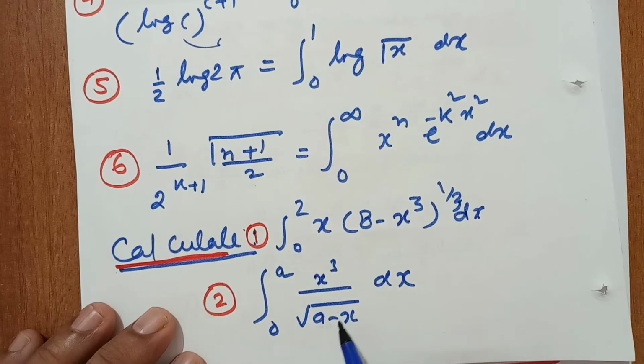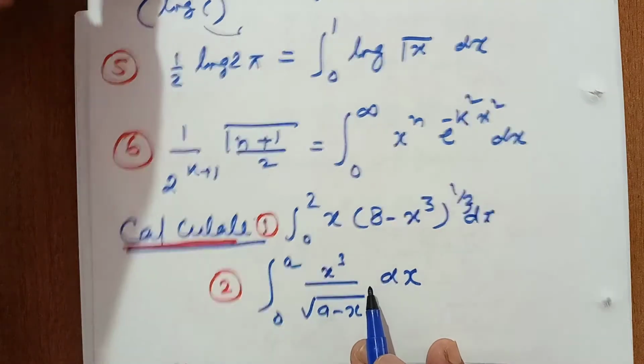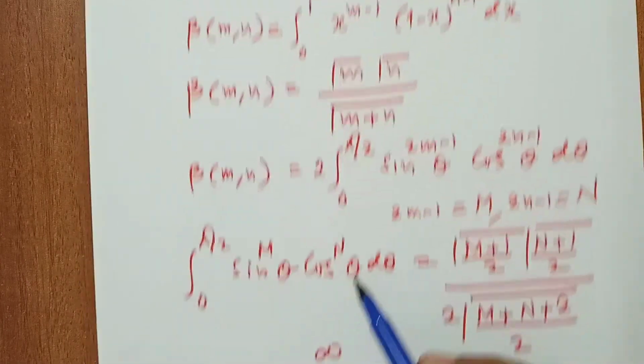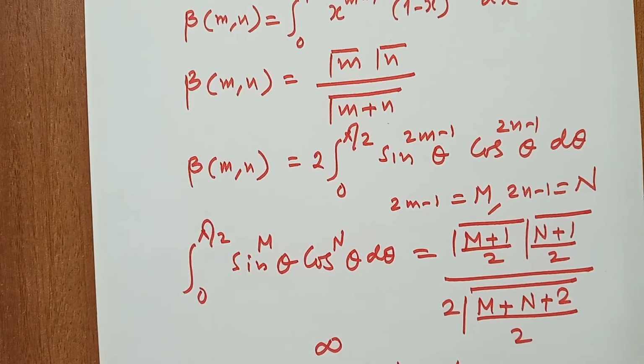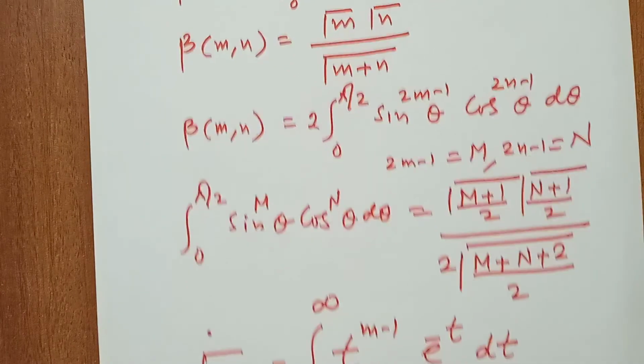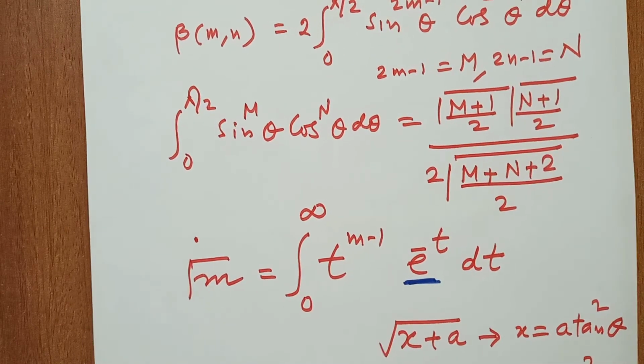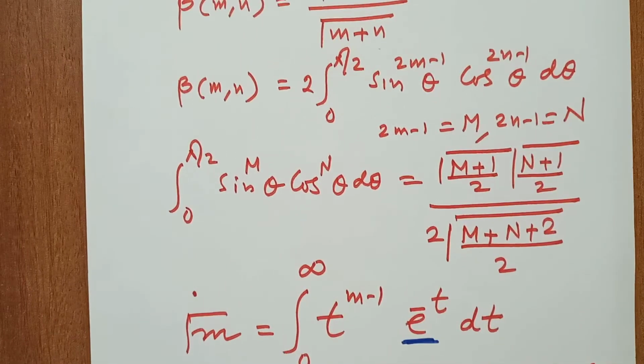Similarly, if you substitute x equal to a sine square theta here, then this question converts into the form of sine m theta cos n theta. So you can solve each and every integral very easily by using the beta function.